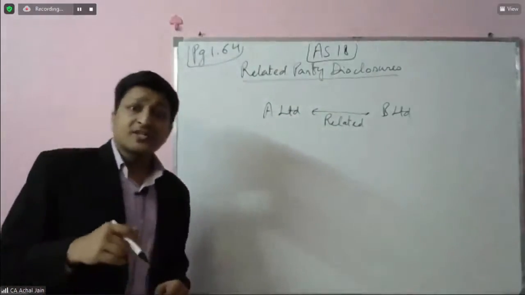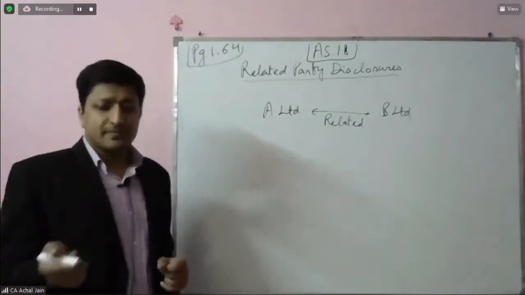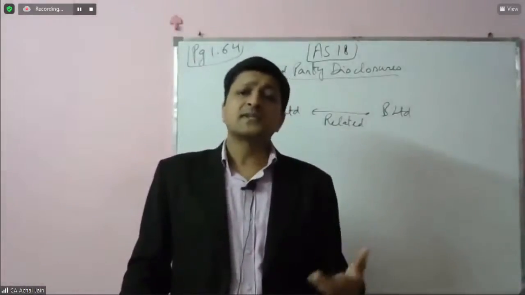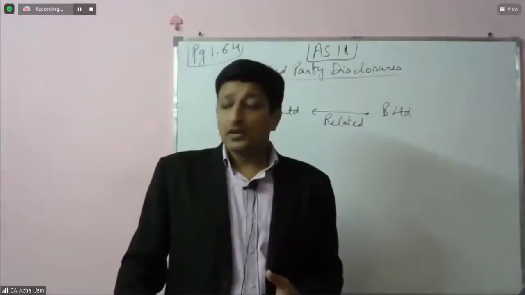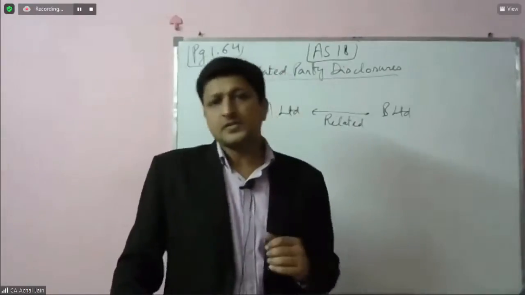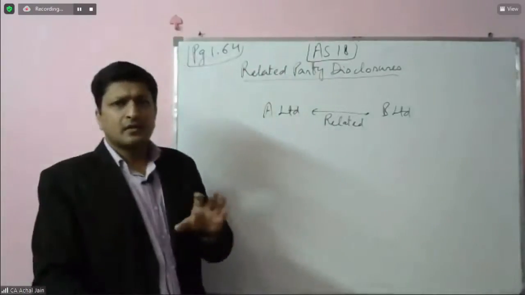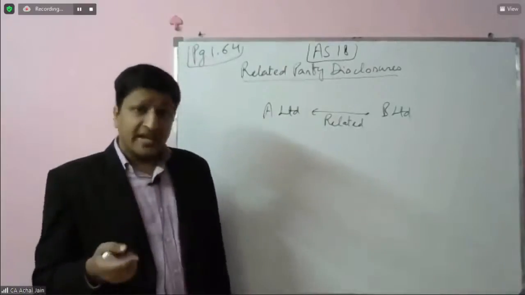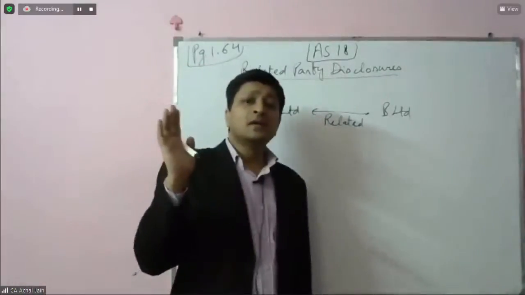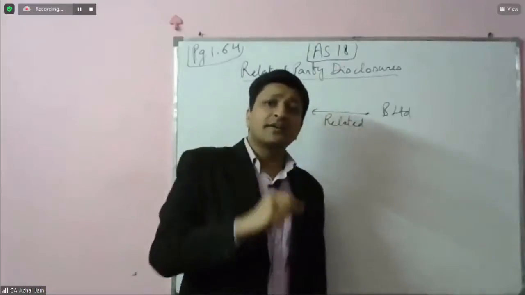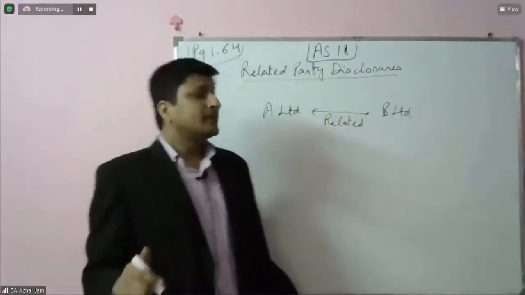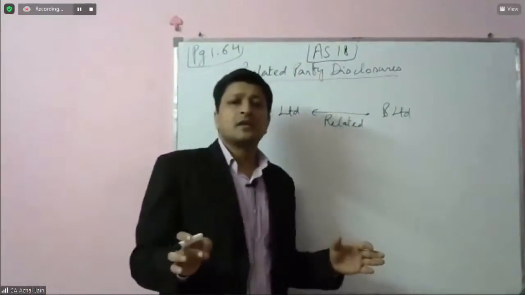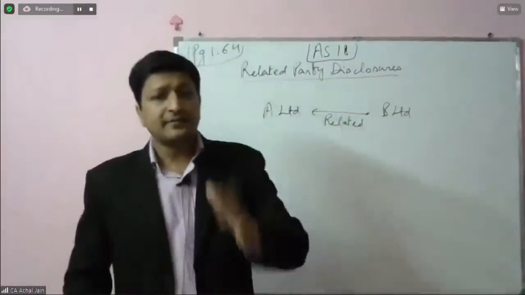Then the transactions which will take place between them may not be at arm's length. Arm's length price means it's below market price. This is a possibility. It may or may not happen. So we are not saying that every time a related party is involved, the transaction will be below arm's length. No, I'm not saying this. I'm saying there is a possibility.